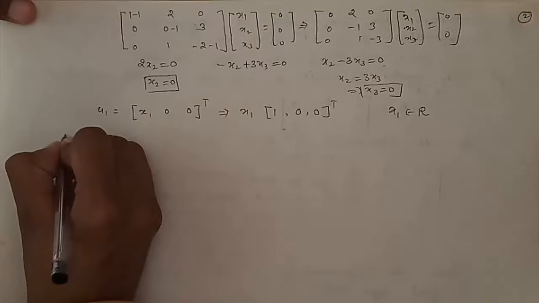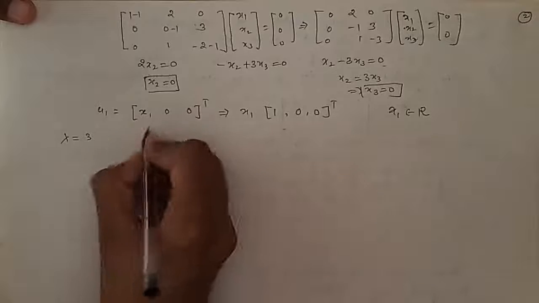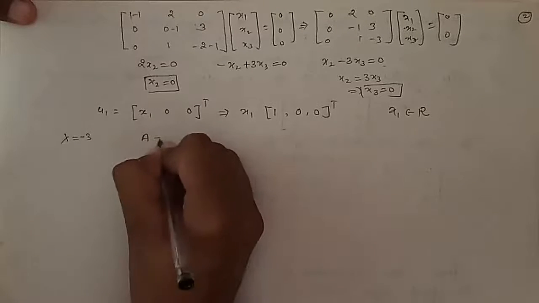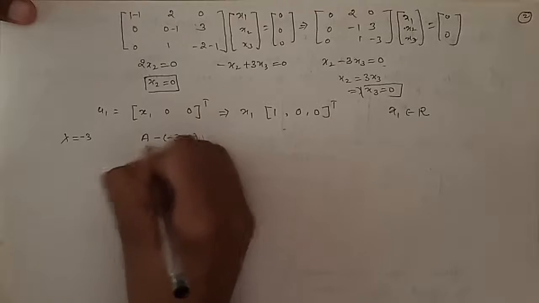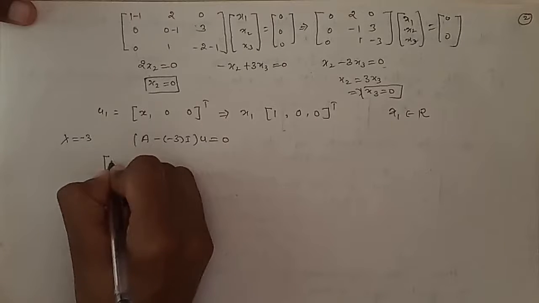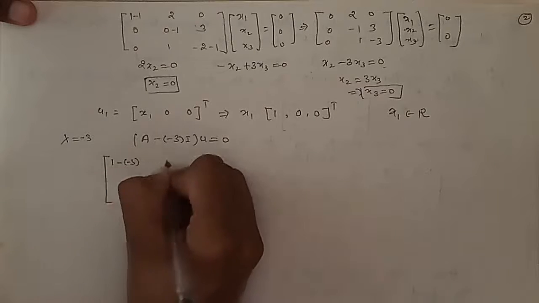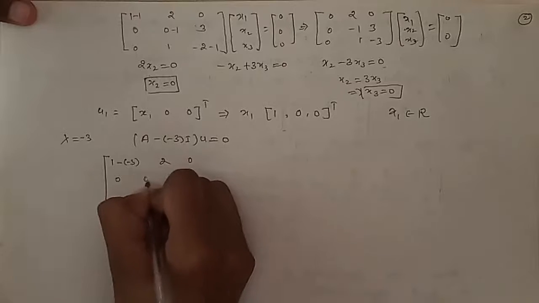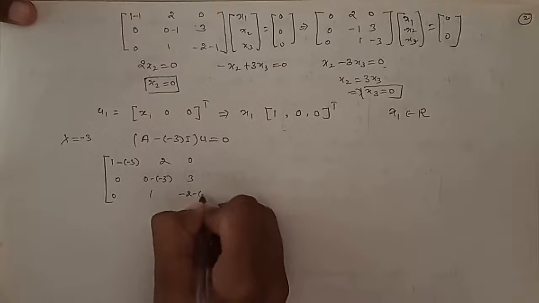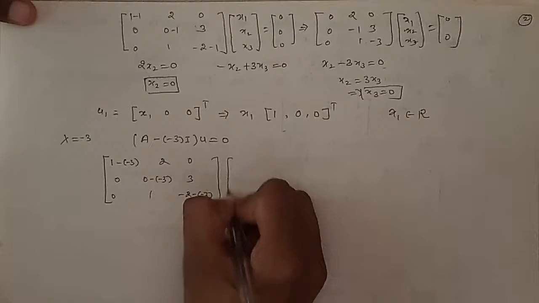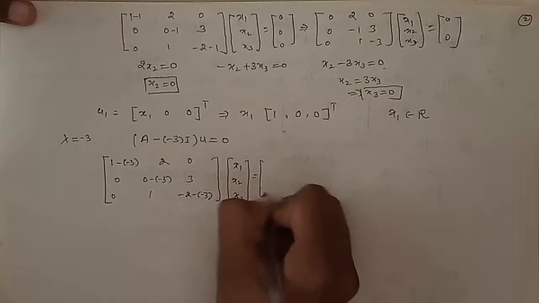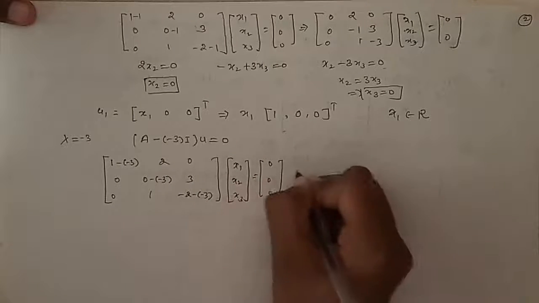Now for eigenvalue lambda is equal to minus 3, we have (A minus (minus 3) I) u is equal to 0. So this becomes [1 minus of minus 3, 2, 0; 0, 0 minus of minus 3, 3; 0, 1, minus 2 minus of minus 3] times [x1, x2, x3] is equal to [0, 0, 0].